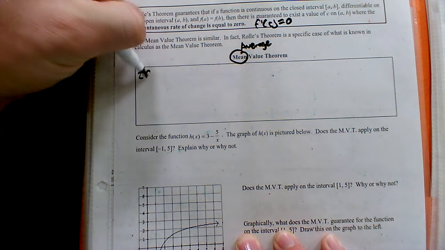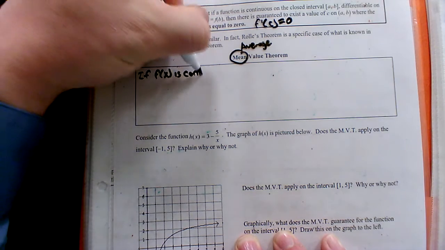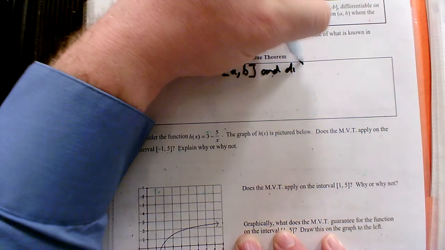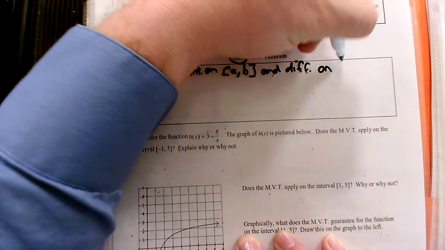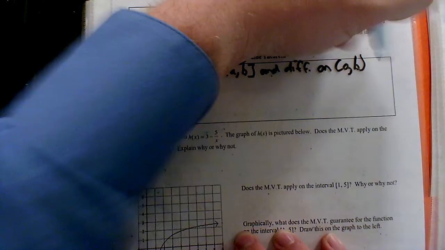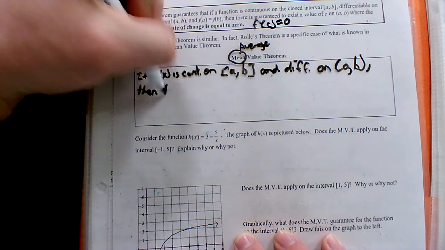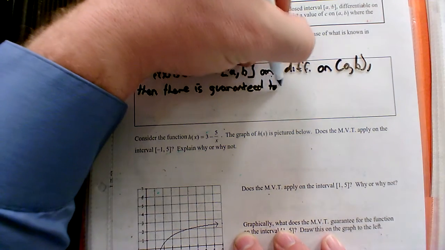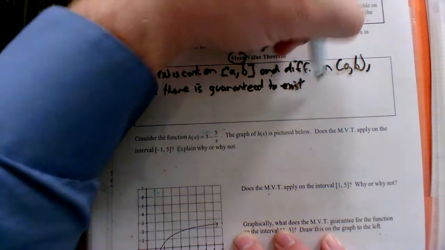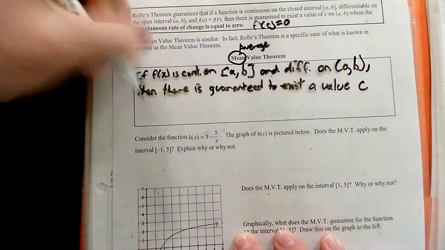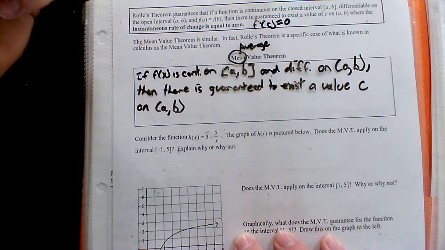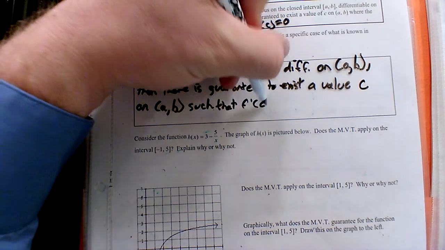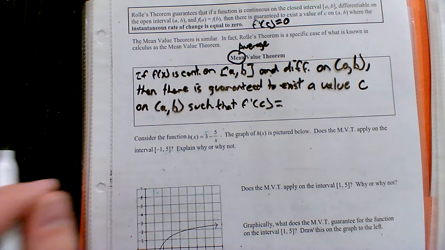If f of x is continuous on bracket AB, so the closed interval AB, and differentiable on the open interval AB, then there is guaranteed to exist a value C on the open interval AB such that f prime of C equals, well, for Rolle's theorem it was 0.